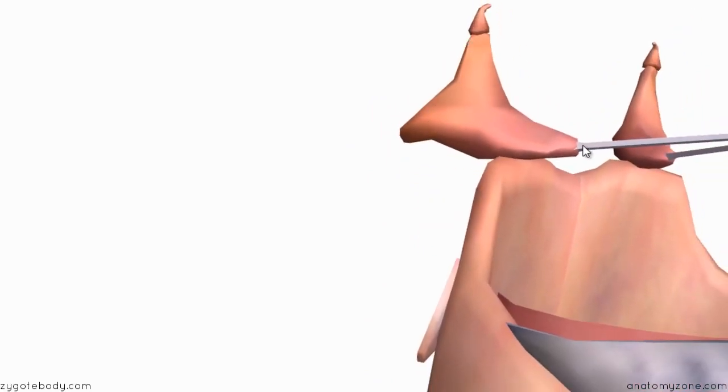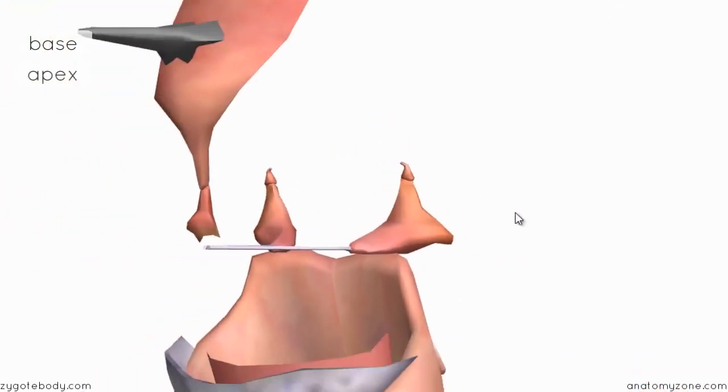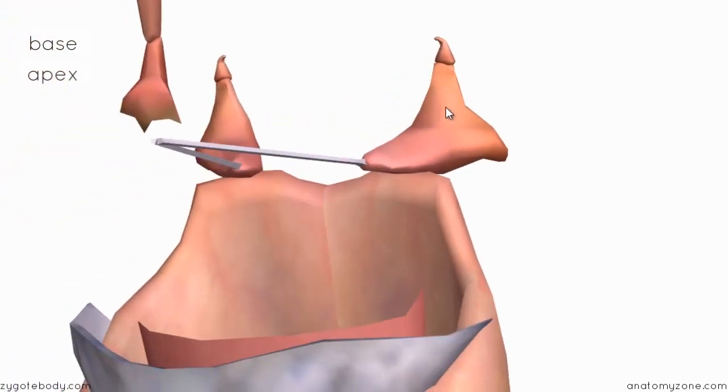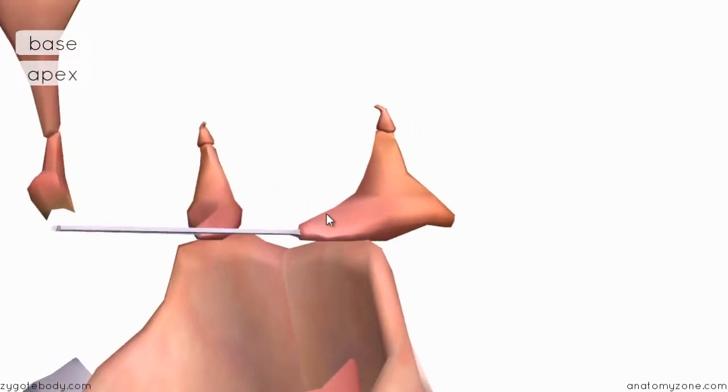So let's take a look at the arytenoid cartilage. They've got this triangular shape, they've got a base which articulates with the cricoid cartilage, and the apex articulates with the horn-shaped corniculate cartilage. So you can see that the medial surfaces of the arytenoid cartilage face each other, and then you've got this anterolateral surface which has two depressions where muscles can attach and ligaments can attach, and you can see this obvious process pointing out here.